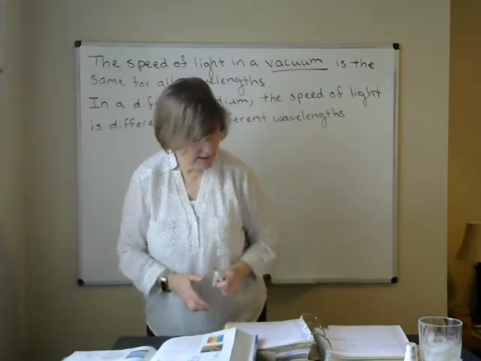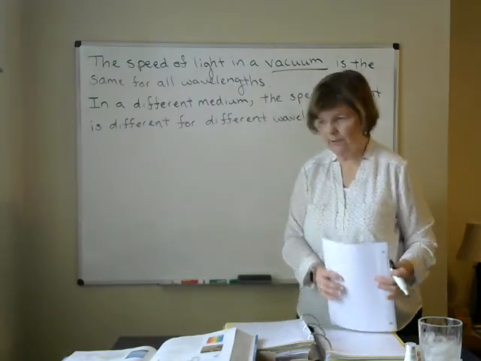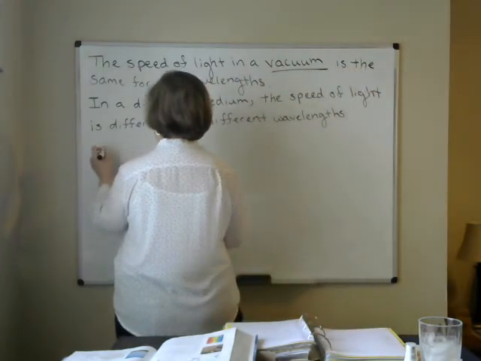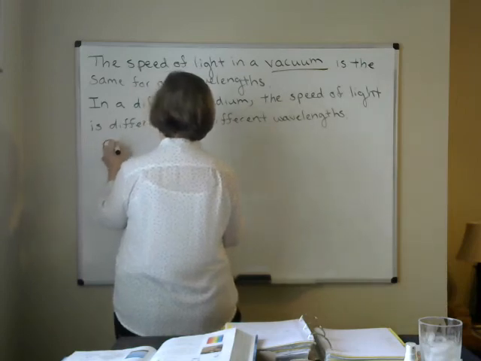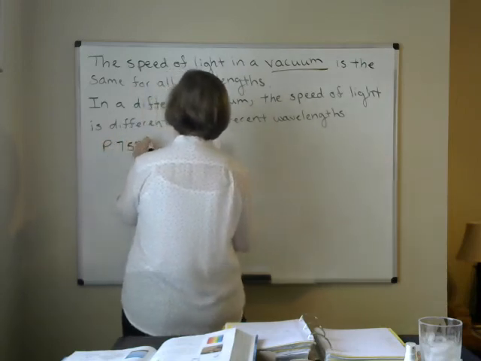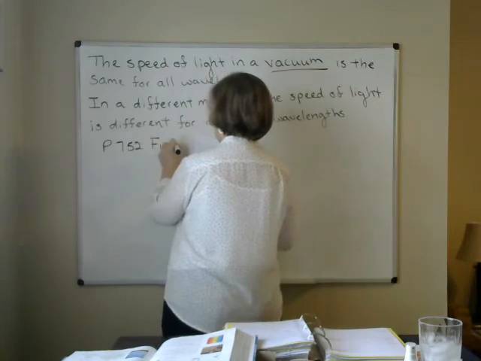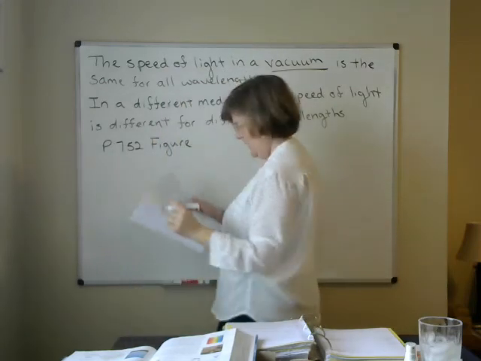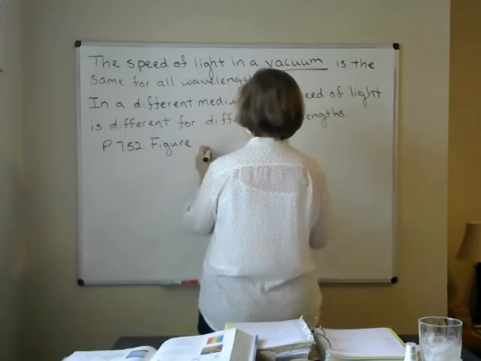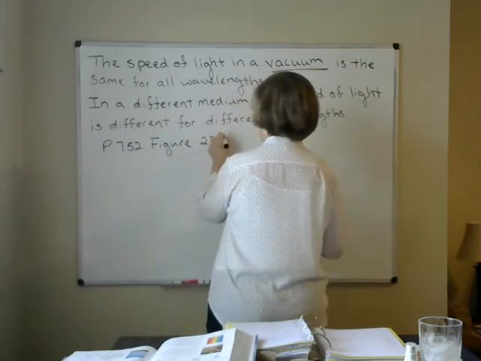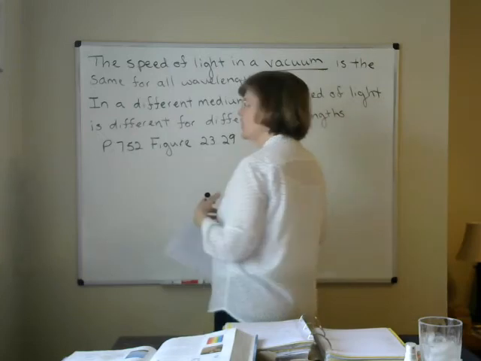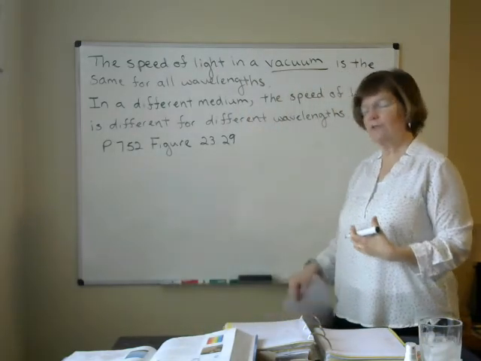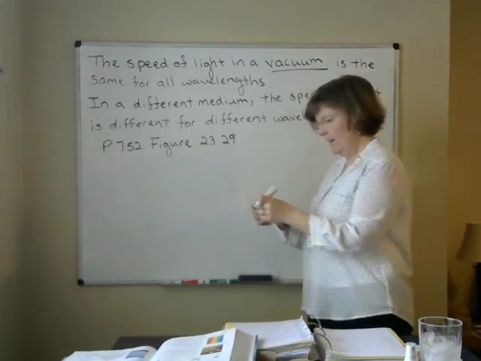It's page 752. So if you look in your textbook on page 752 at figure 23.29, it will show you a graph of how the index of refraction varies with different colors of light.